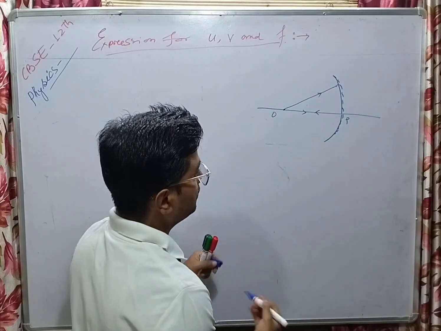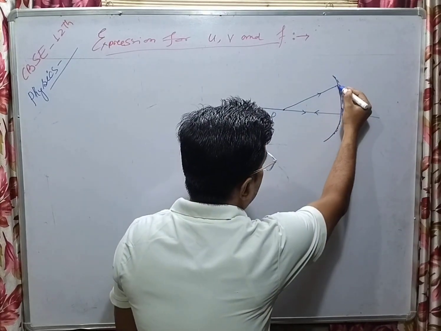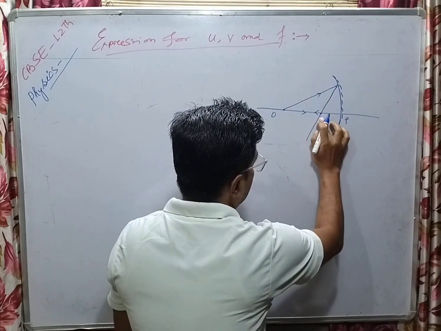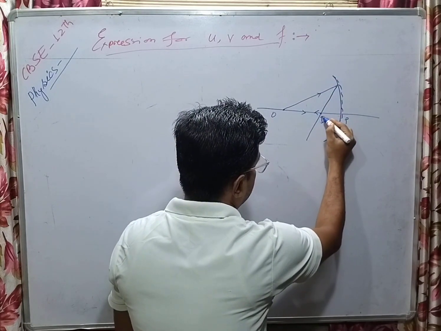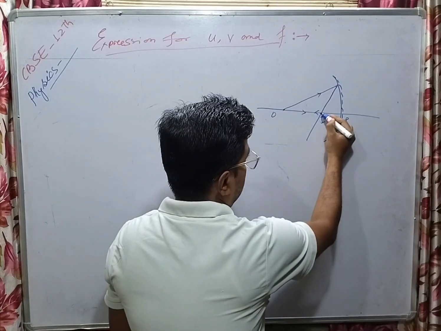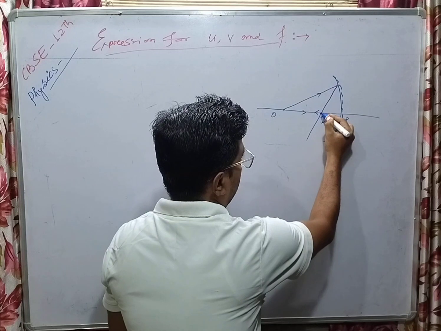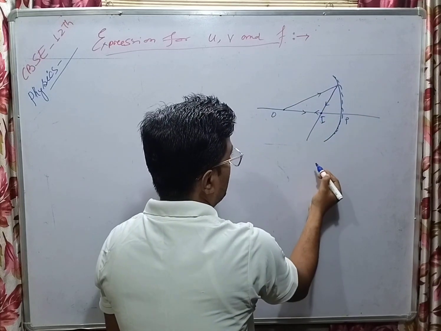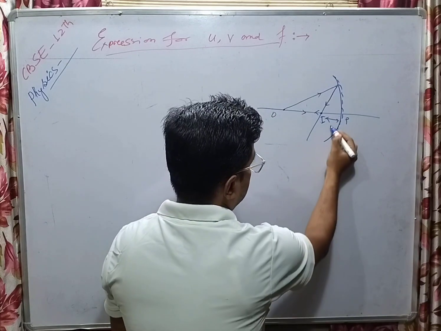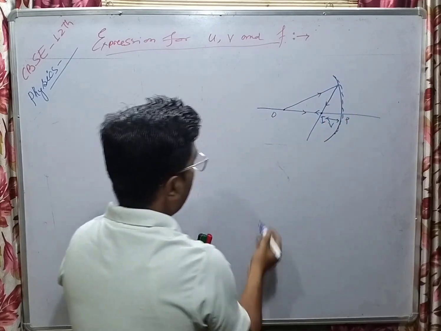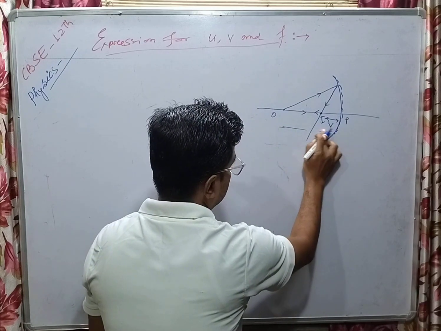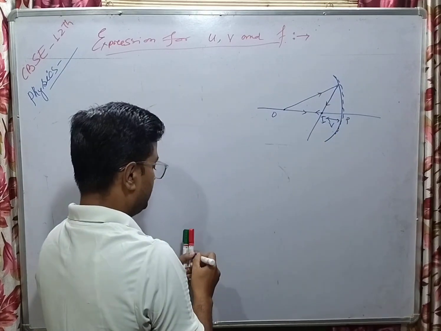After reflection, this ray will pass through another point, that is I. Here the image will be formed at point I. Then this is the image distance v, and this is the object distance.